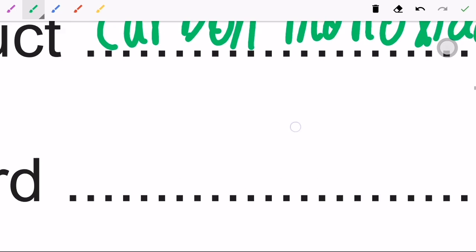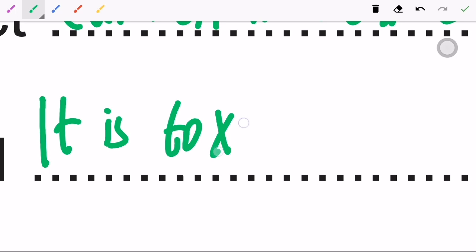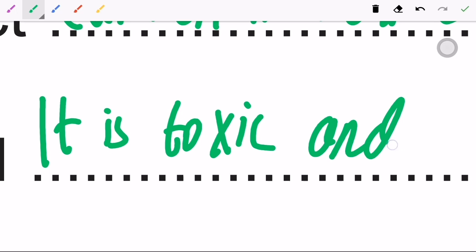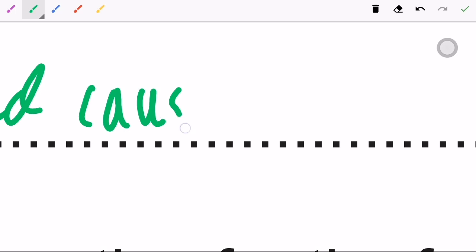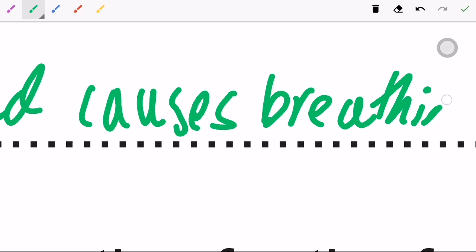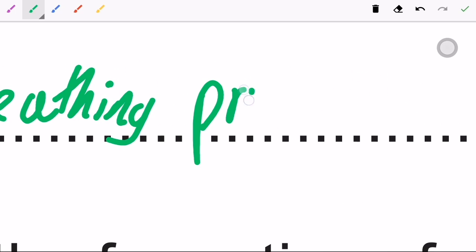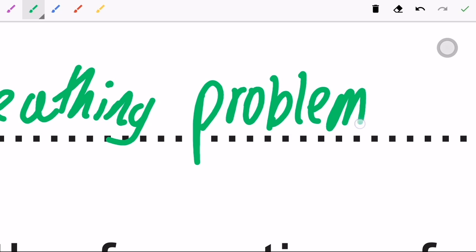So the hazard from carbon monoxide would be that it is toxic and causes breathing problems. Breathing is something that we all need to do, so they can't raise any objections on that.